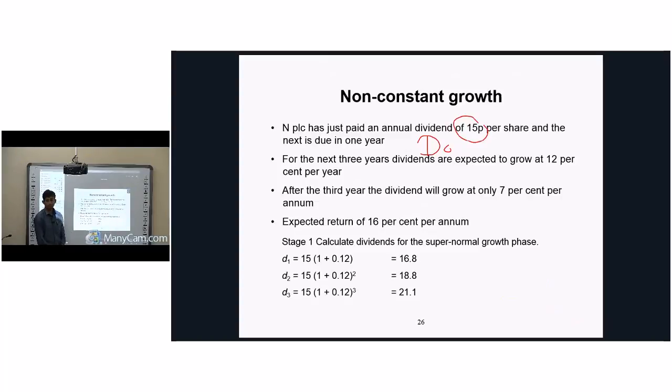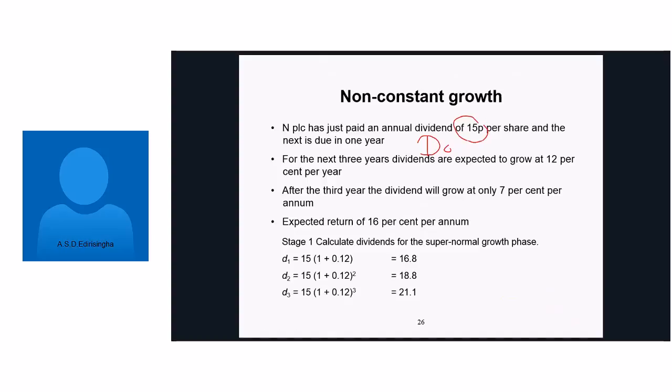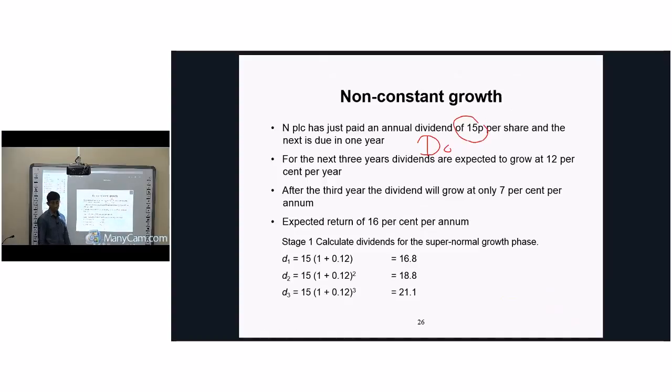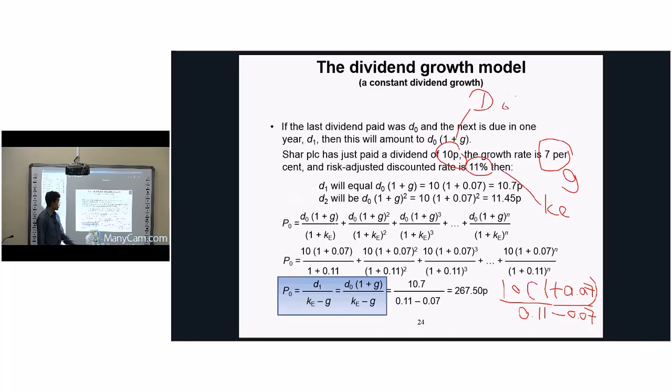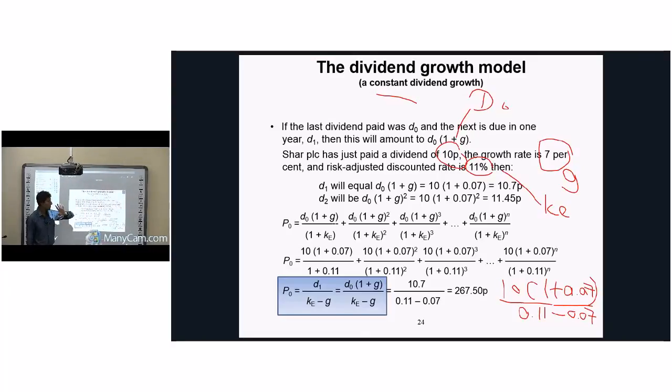So how are we going to calculate this? What we want is today's price, what we want is P0. Now if this is the scenario, we cannot apply the formula that we used here, because that works only if the growth rate is constant. Then how are we going to arrive at it?